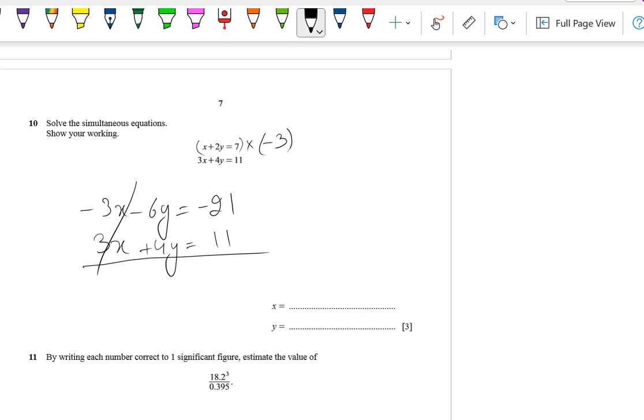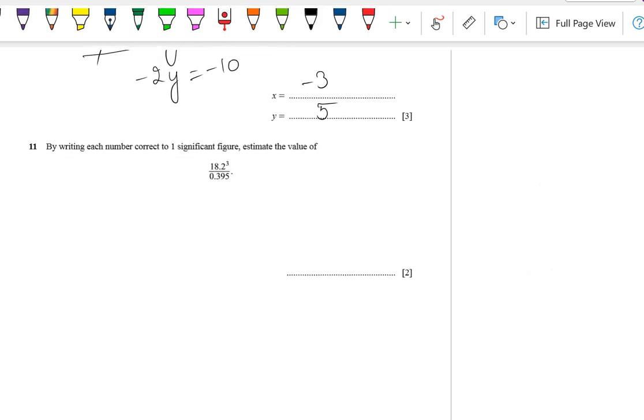And this should be cancelled out. You will be left with minus 2y. So answer of y should be 5. For x, you can put this answer in any one of the equations. So I'm using the first equation. Minus 3 is my answer.